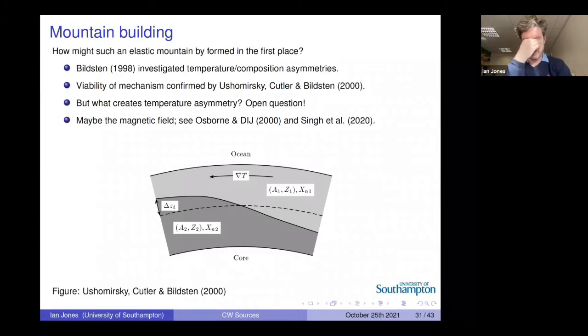That's just a consequence of how Lorentz forces work. If you try to push an electron along the magnetic field, it doesn't feel any force, whereas if you try to move it sideways, it does feel a force. So the fact that there are magnetic fields in neutron stars means that their temperatures can't be perfectly spherically symmetric, because of this asymmetry that comes from the magnetic field.